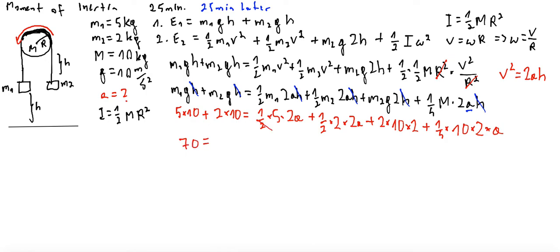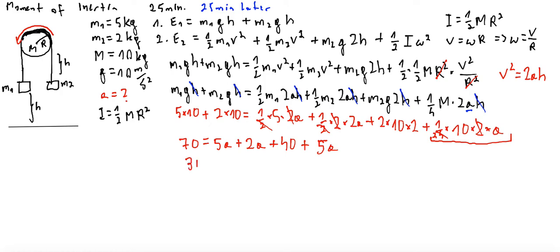Okay, here we can cross this and we have 5a. Here we can cross this and we have 2a. Here we have 40. So this is the part we had in our previous exercise, but we have one more part, this one. 1 over 4 times 2 gives half, and half times 10 gives 5, so 5a.